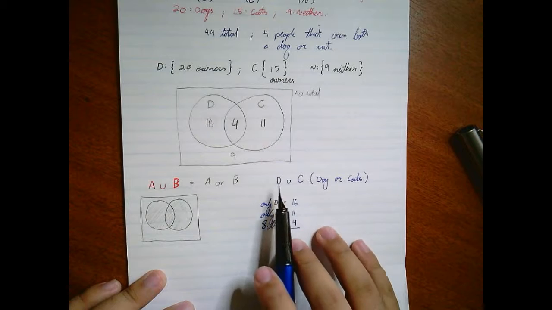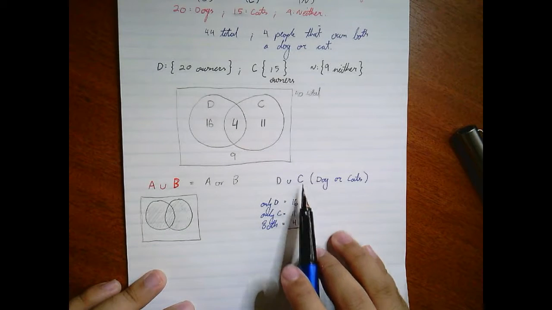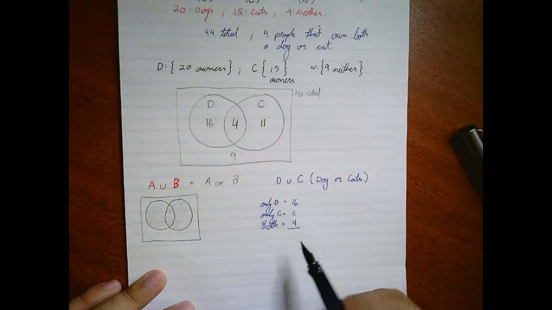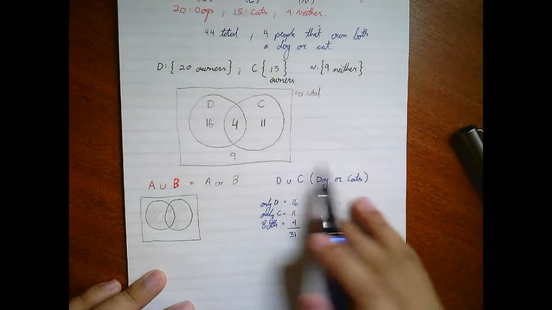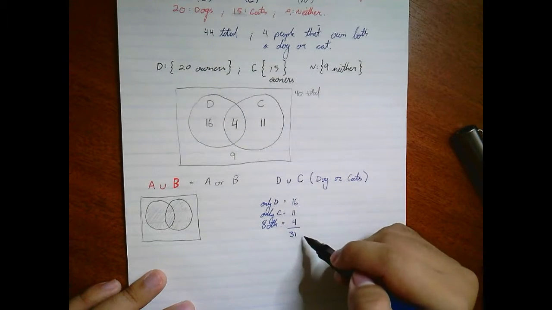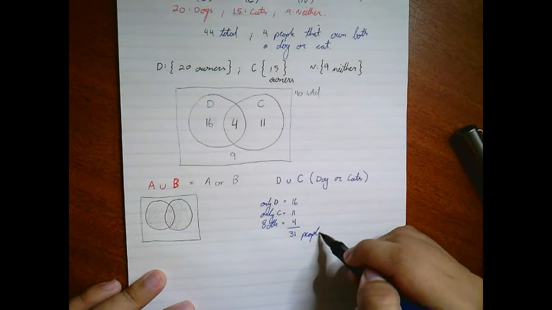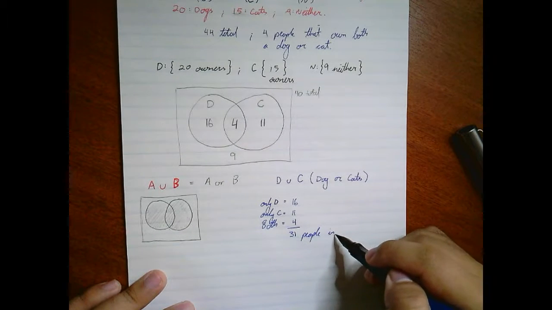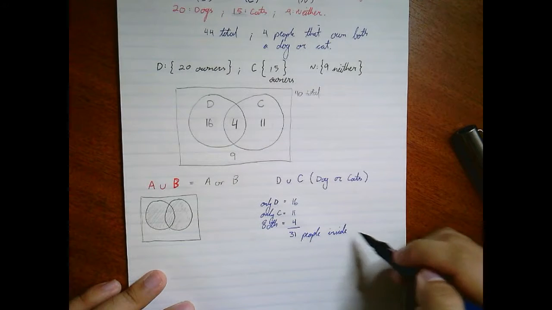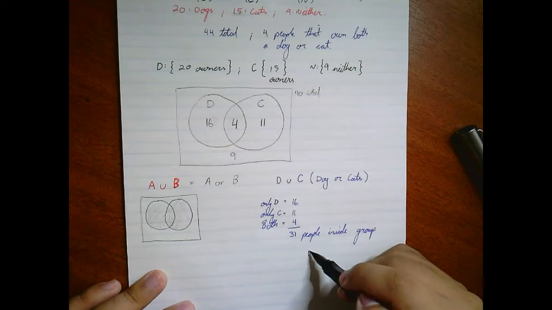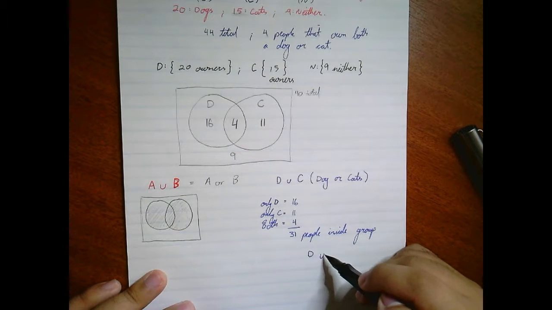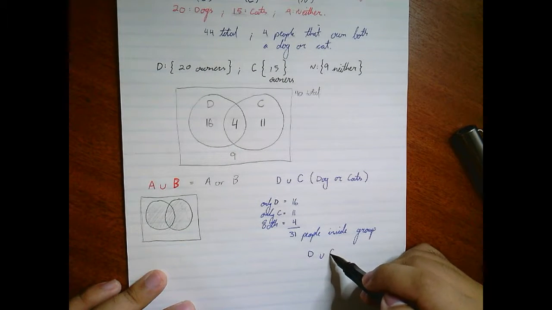So D union C, that is 31 people. So 31 people inside the group D union C.